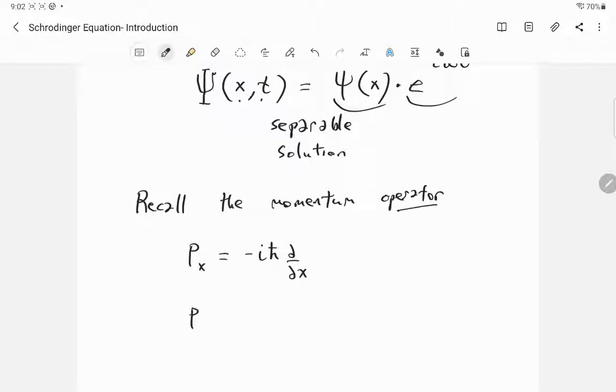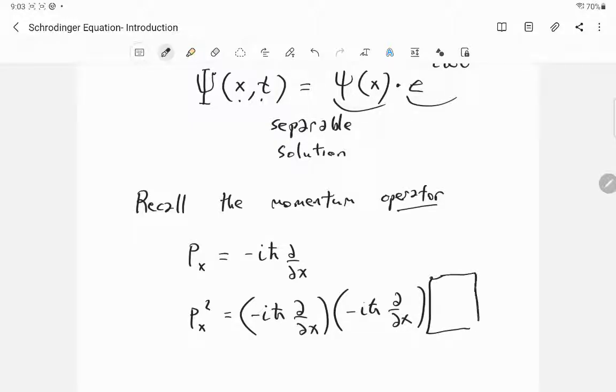If I want the momentum operator squared, I just do minus i h bar d by dx, and I imagine using it after minus i h bar d by dx has already happened. So it's going to operate on something that sits over here, some sort of function, and it's often the wave function psi that sits there. But let's just study the operator by itself.